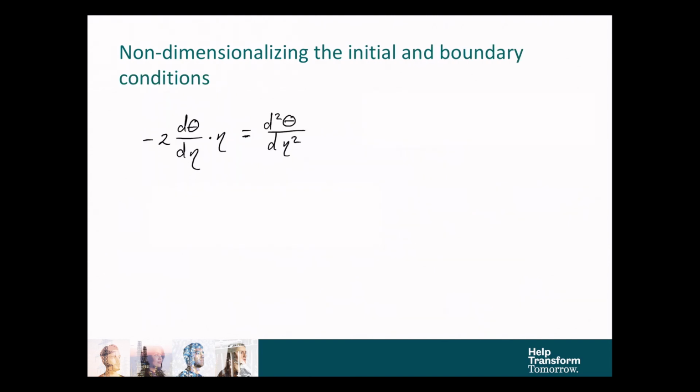And so our governing differential equation reduces significantly. Because there's only one independent variable, eta, it's an ordinary differential equation. So in this case, non-dimensionalization has taken us from a partial differential equation to an ordinary differential equation, vastly simplifying the process.